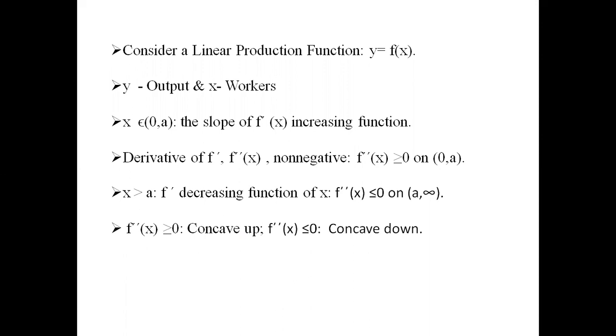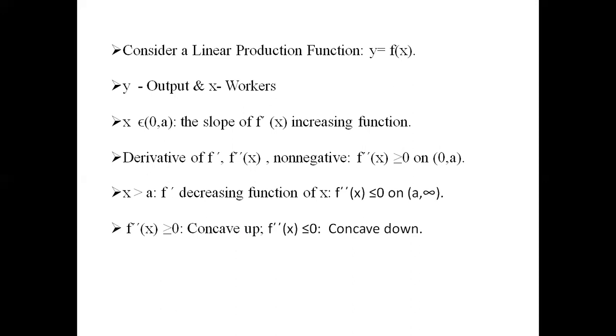So this is the two shapes, or two stages, of production. Here y is output, x is worker, and x lies between 0 to a. Already I discussed the slope of the production function, that is f prime x is an increasing function.